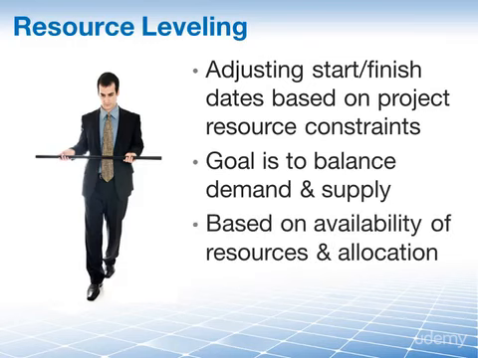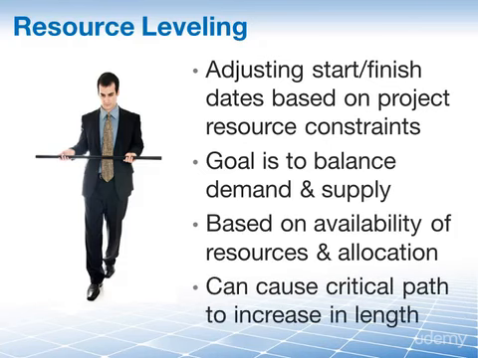Resource leveling can be used when shared or critical resources are only available at certain times or in limited quantities or are over-allocated. An example would be if you have the same resource assigned to 2 or more activities during the same time period. Resource leveling can often cause the original critical path to change, most often to actually increase it in length.